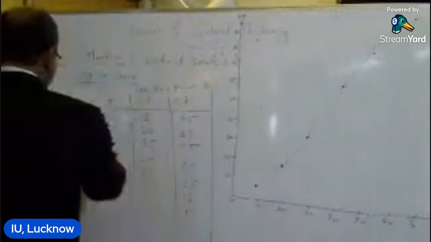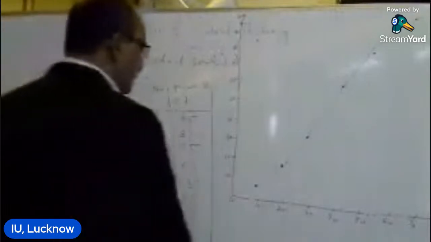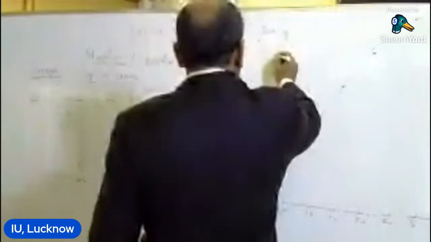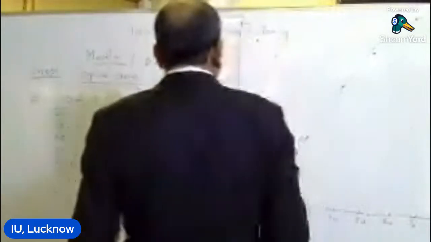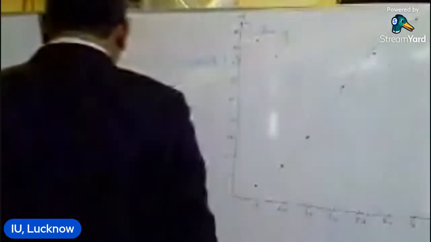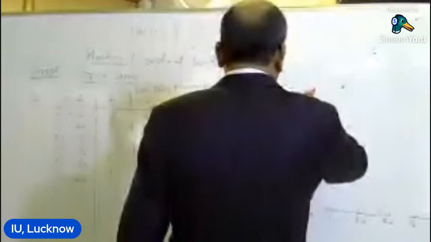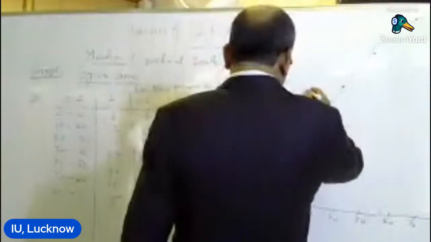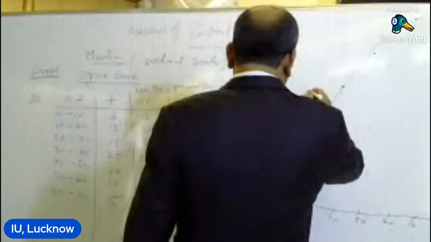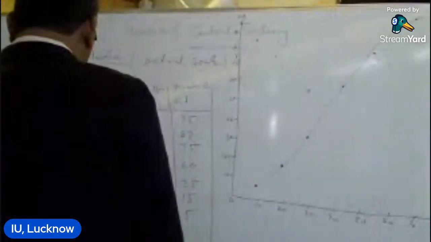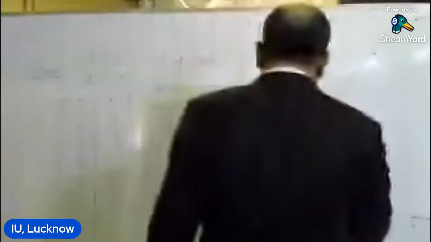Greater than 20, the value is 75. Greater than 30, the value is 60. Greater than 40, the value is 35.